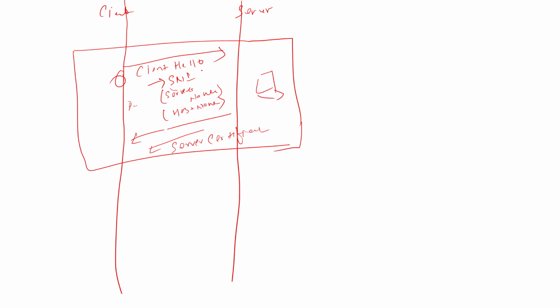What the server does is, it takes a look at this SNI, and then based on this SNI it chooses the right certificate that it needs to send as part of the TLS Handshake.